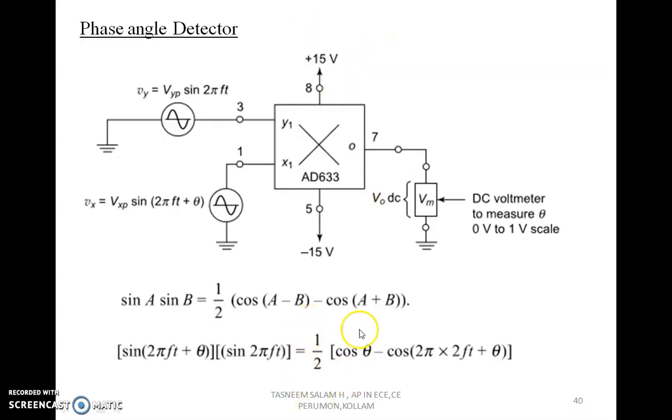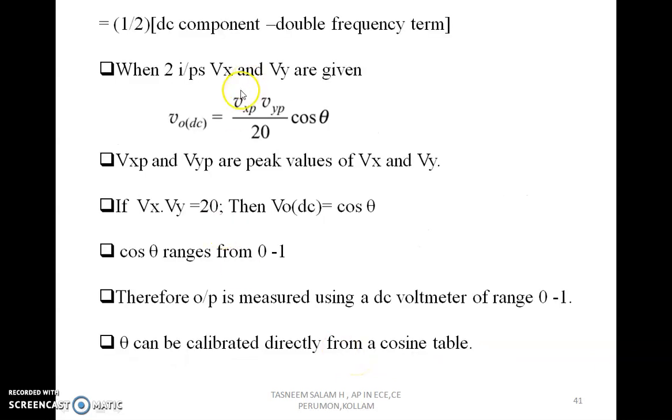This is the DC component and this is the double frequency term. So when we multiply these two signals, the DC component is going to be Vxp into Vyp into half into 1 by 10 into cos theta. And that is written here, Vxp into Vyp by 20 into cos theta.